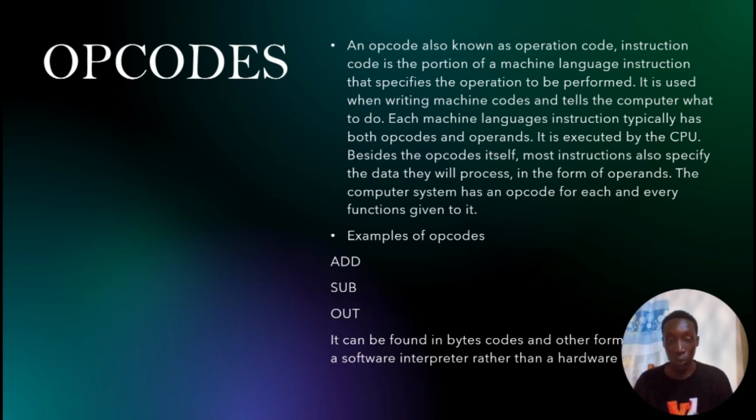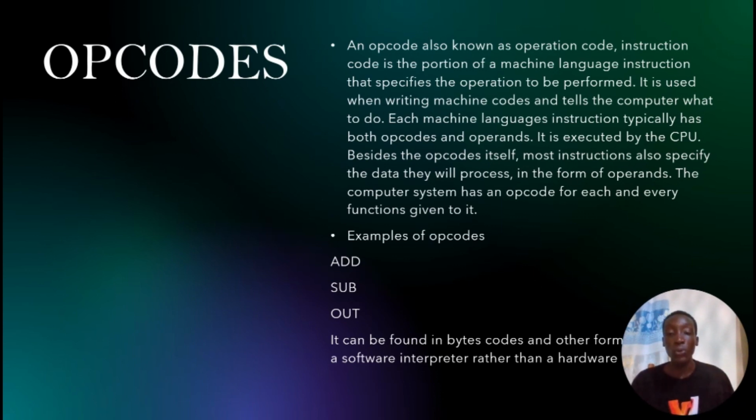So these are some of the examples of opcodes. They can be found in bytecodes and other forms intended for a software interpreter rather than a hardware device. So I hope you also understand the opcodes.